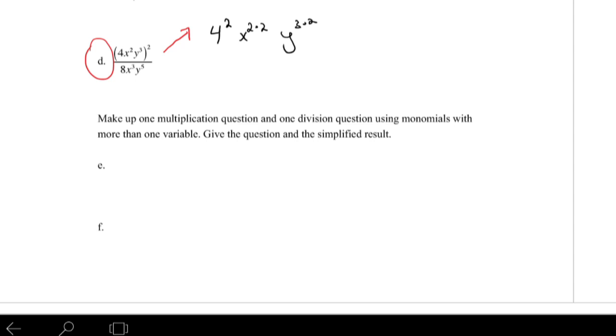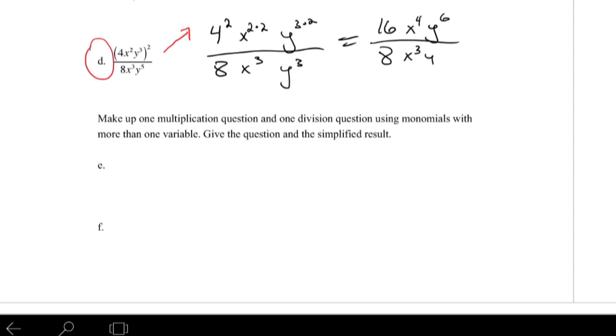I probably wouldn't show this step for the numerator there, but you can see it. So, all right, 4 times 4 is going to give us 16. x to the 2 times 2 is 4. y is 6. And then 8x cubed y cubed.